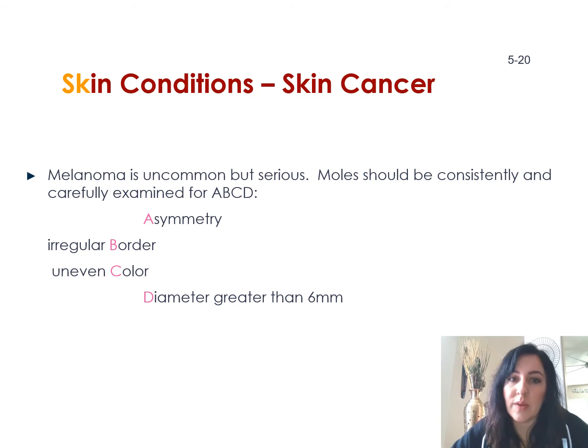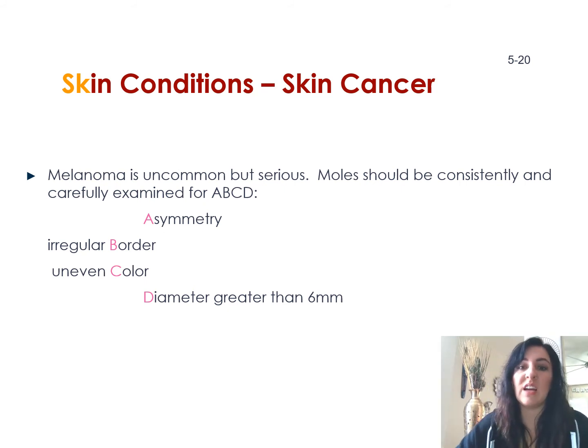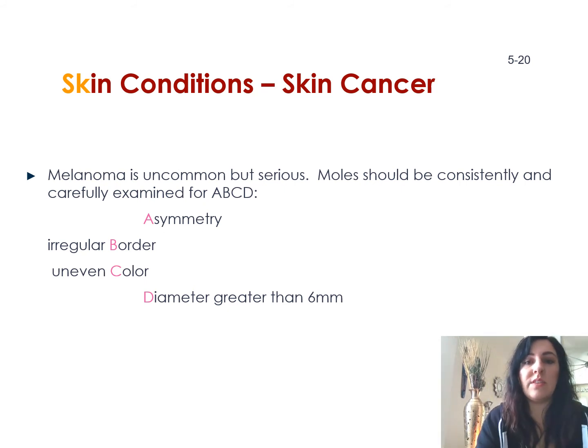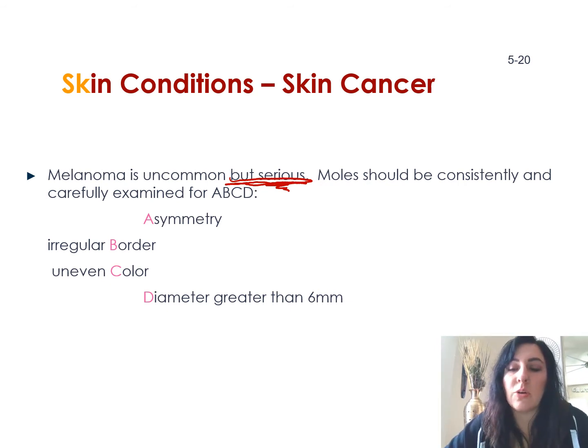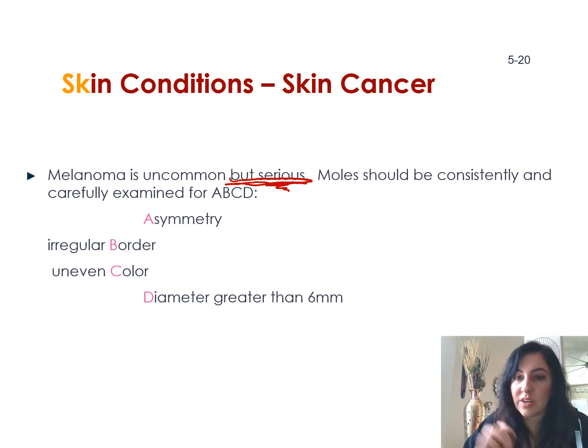Then we have melanoma, which is uncommon but the most serious. I think we've all heard about melanoma and our skin crawls, we get scared. Moles: if you see a mole on your body, you should be checking it, especially if it's a new one that you're suddenly noticing.